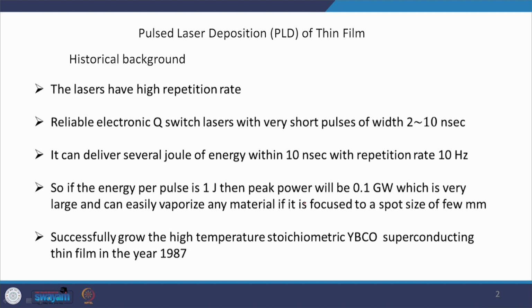This pulse laser deposition technique, as I have told you, was invented after the development of very fast pulse lasers like Q switch lasers, of the order of 2 to 10 nanoseconds, which can generate a huge amount of energy. Suppose the laser we have in our lab gives 1 joule per pulse at the fundamental wavelength, 1064 nanometer.